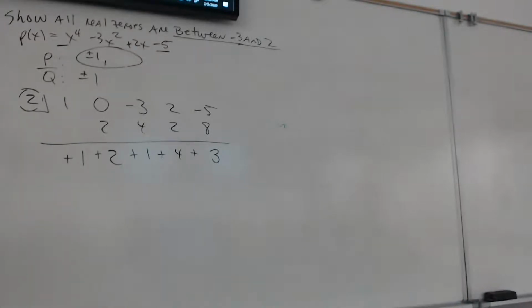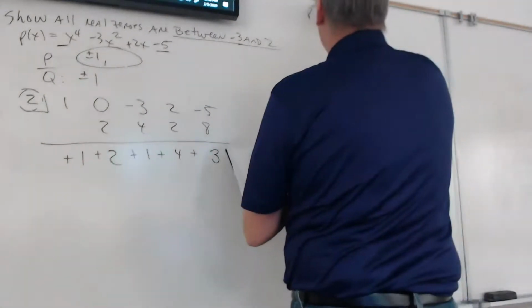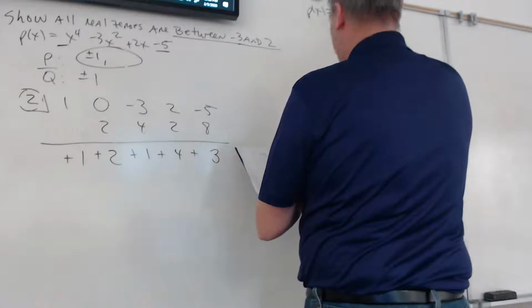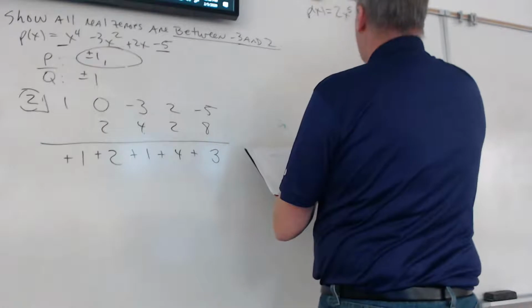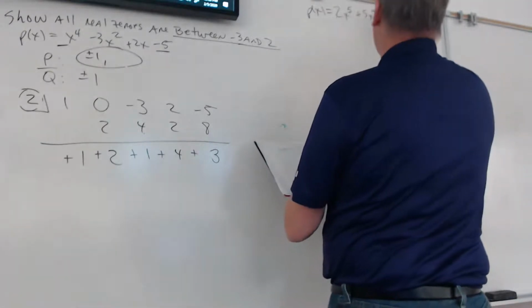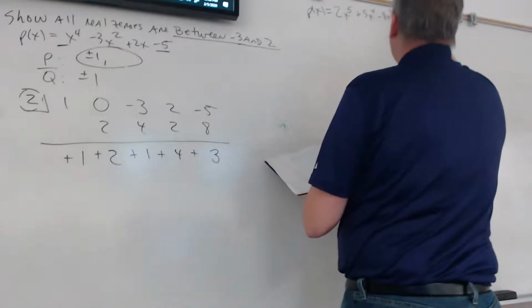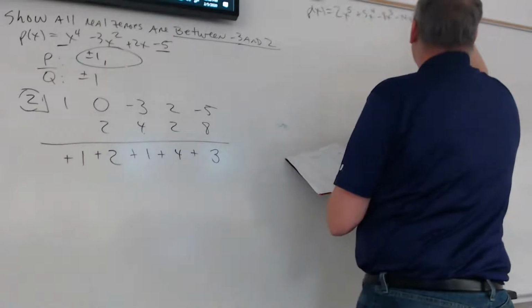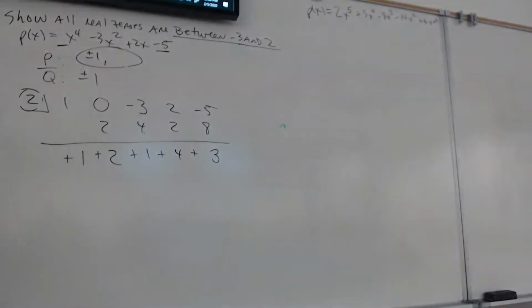All right, so let's go with, I'm going to factor p of x equals 2x to the 5th plus 5x to the 4th minus 8x cubed minus 14x squared plus 6x plus 9. Okay? So we want to factor this. So we're going to pick on Riley.